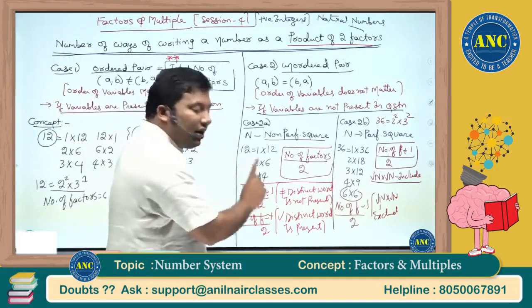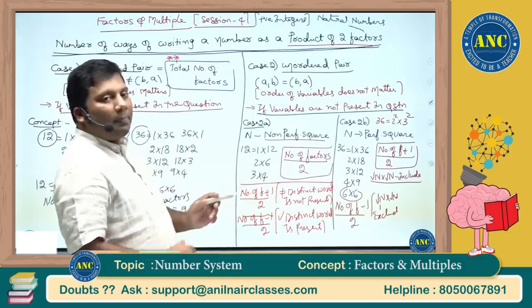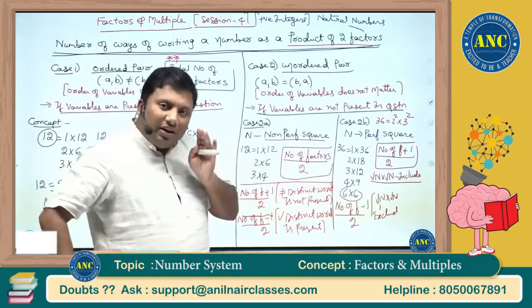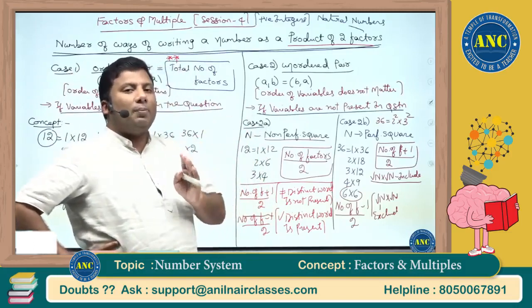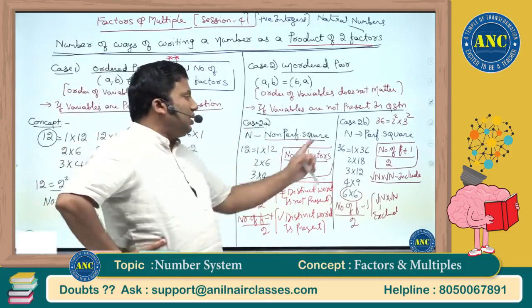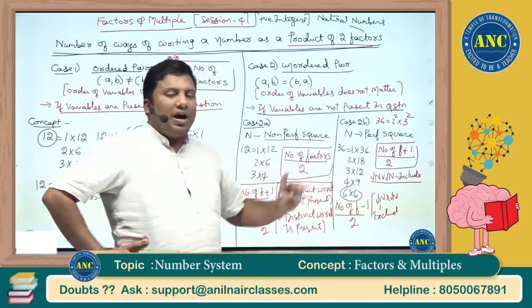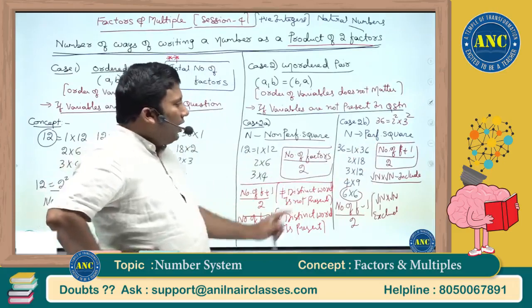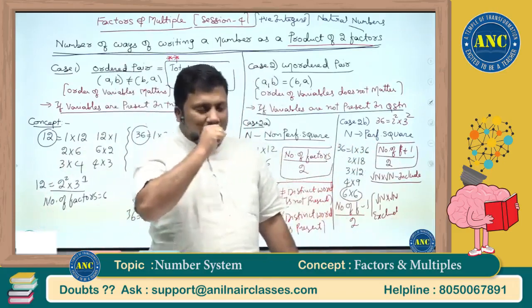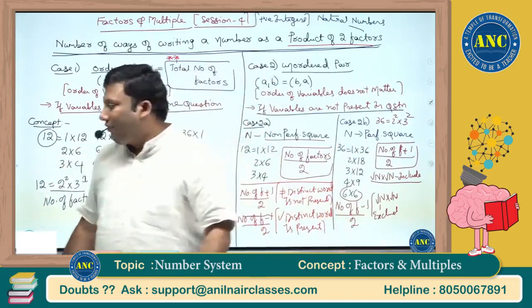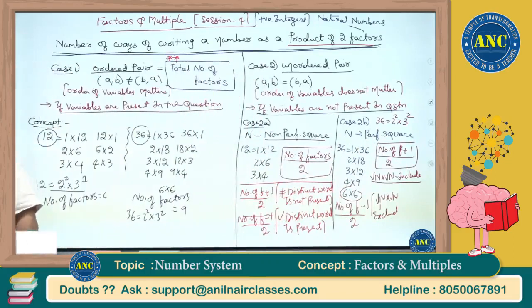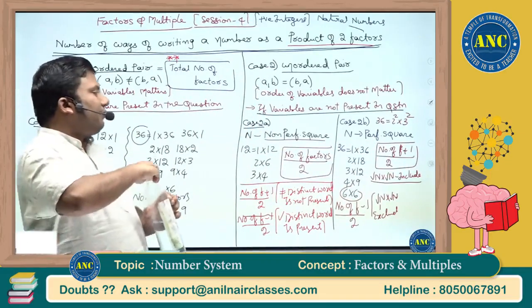Only in an unordered pair does the answer change depending upon whether it is a perfect square or not. If it is a perfect square, the answer will be number of factors plus 1 by 2. If it is a non-perfect square, the answer will be number of factors by 2.